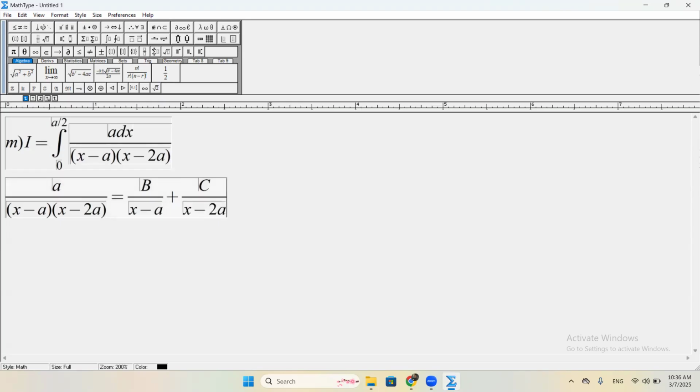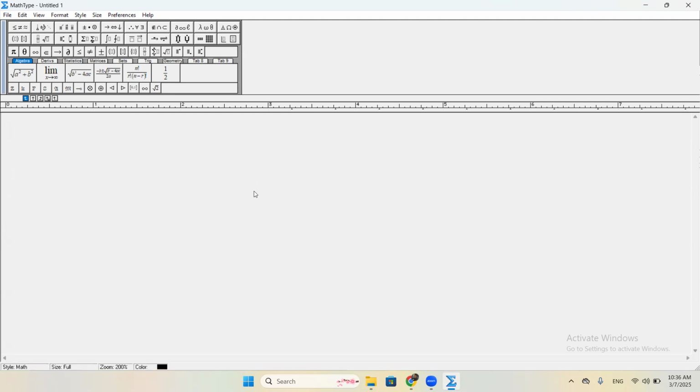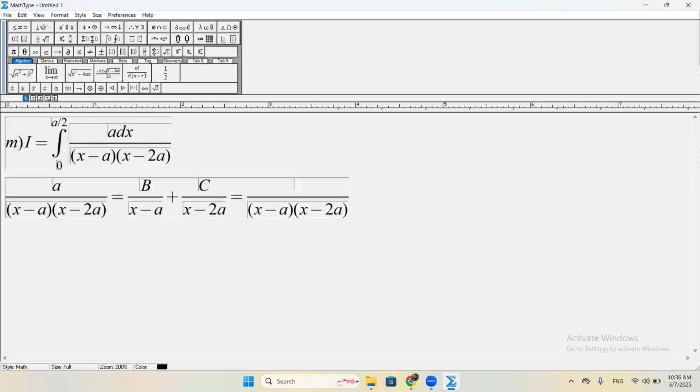I don't use a capital letter so as not to confuse the letters. So b multiplied by x minus 2a plus c multiplied by x minus a.